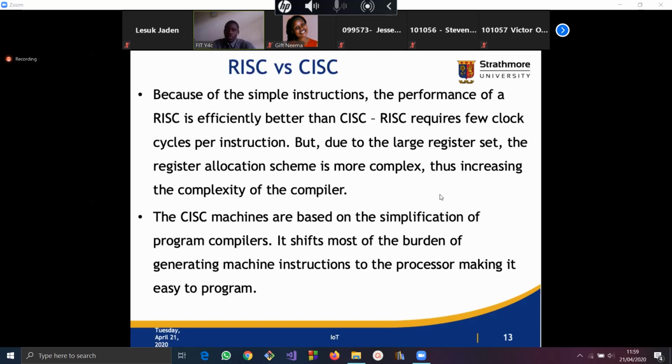Now you employ a CISC, it means the trade-off will be you have a very powerful processor, but a very simple compiler, okay? Because the compiler doesn't have to do much, because the micro instructions will be done at the CPU level, okay?